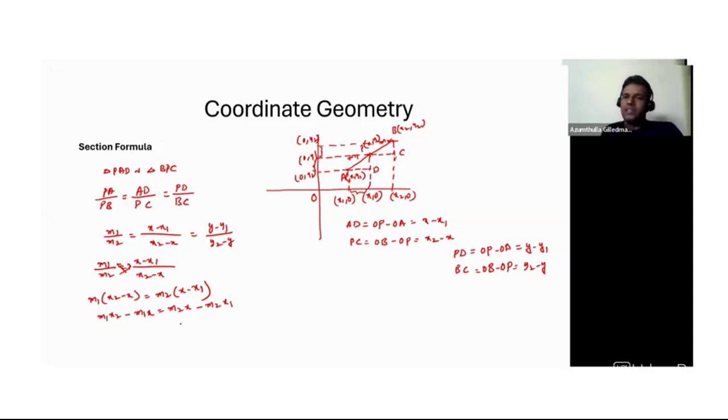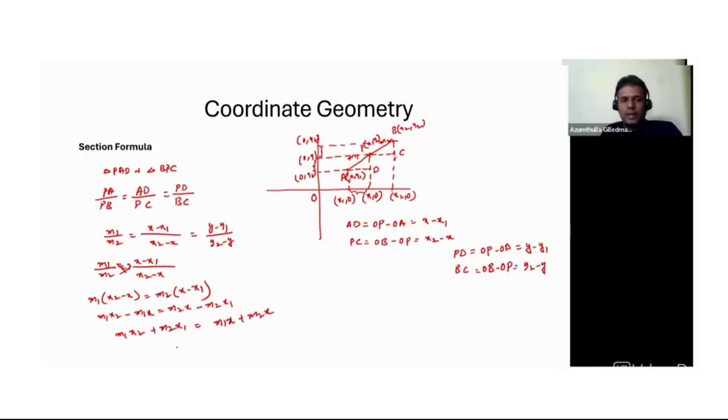Now let's take the x terms to one side. If I take all the x terms to one side and the others to the other side, then I can say m1 x2 plus m2 x1. This minus m2 x1 I send to the other side. Now this minus m1x I'm sending to this side. So plus m1x plus m2x.